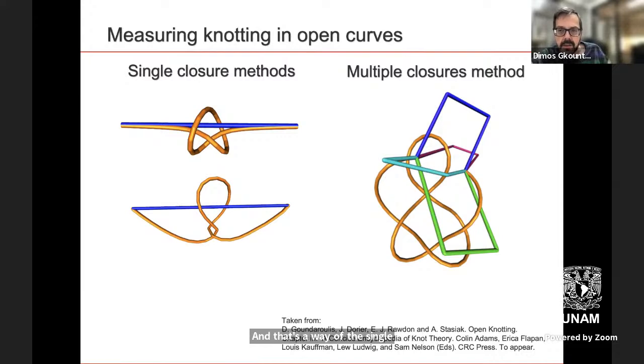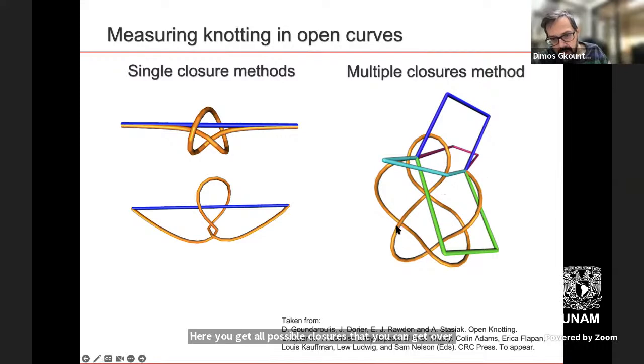And that's one of the single closure methods. There are several in the literature. I just show you the direct closure one. From each open curve with the single closure method, that's why they're called single closure, you get one curve out of it. Then there is the other way that is a bit more robust to outliers and noise. This is what's called the multiple closures method. Here, you get all possible closures that you can get of the curve.